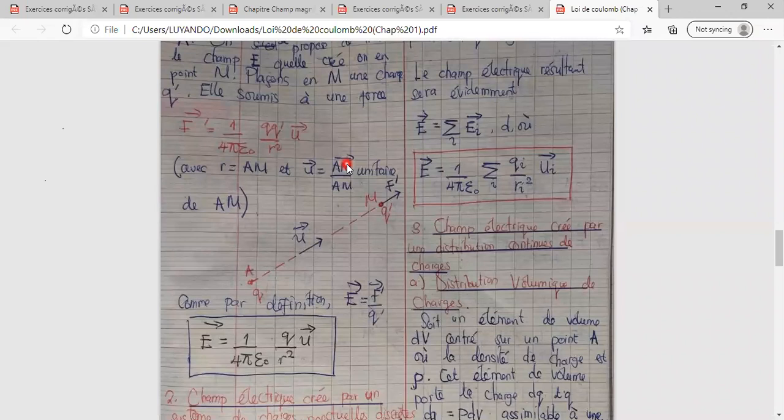Then where is the other AM coming from, which is not the vector? AM is simply the distance from A to M, which is the same as from Q to Q prime.